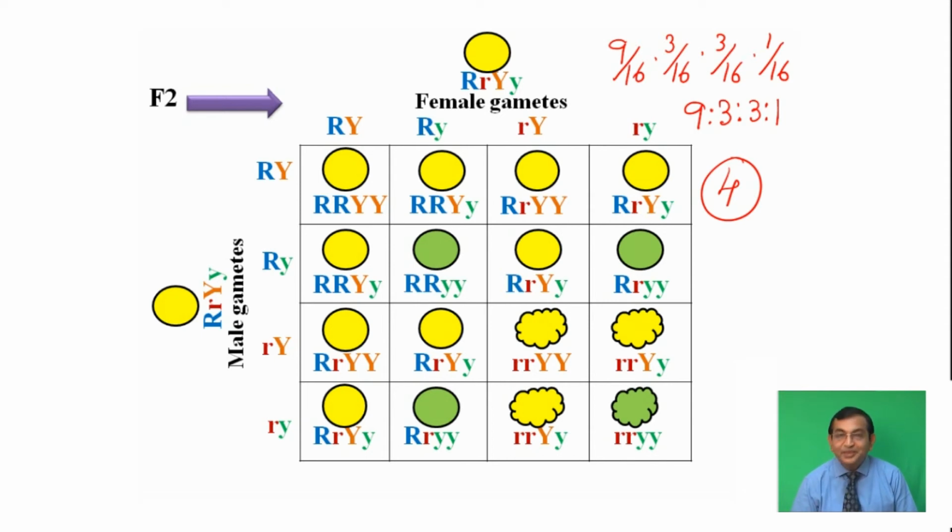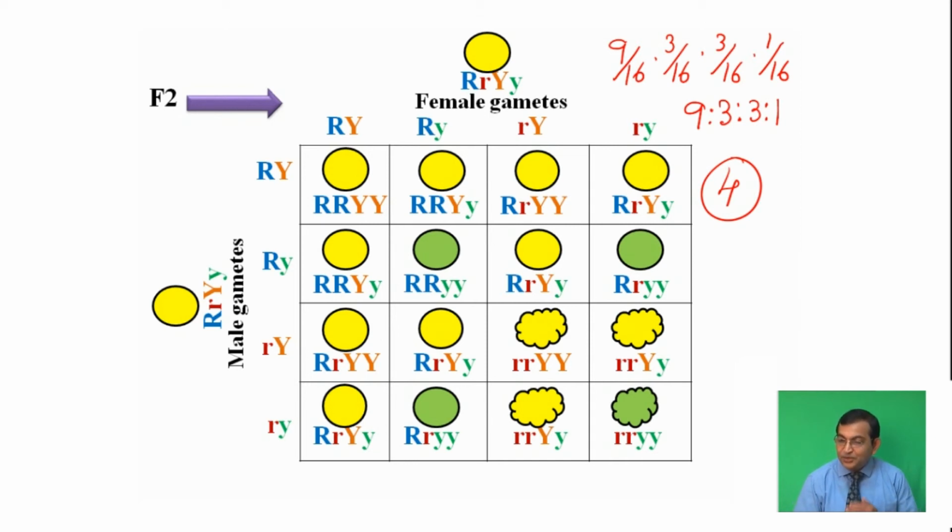Of these, there are 9 round yellow, 3 round green, 3 wrinkled yellow, and 1 green wrinkled. So there is a ratio of 9:3:3:1. This is the dihybrid ratio Mendel obtained.